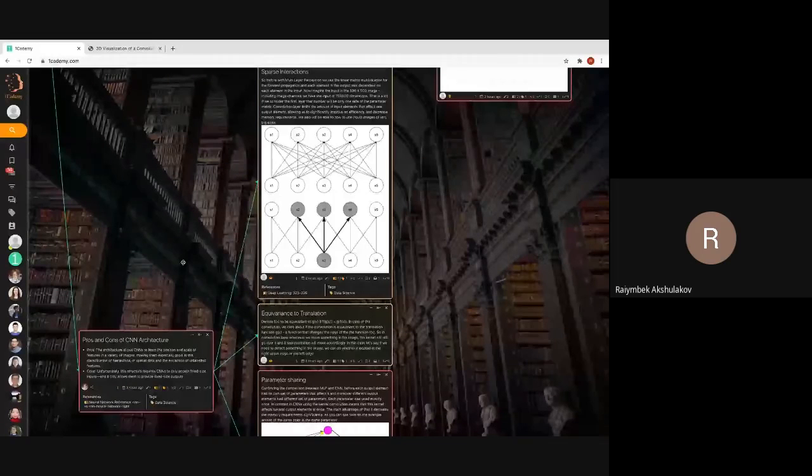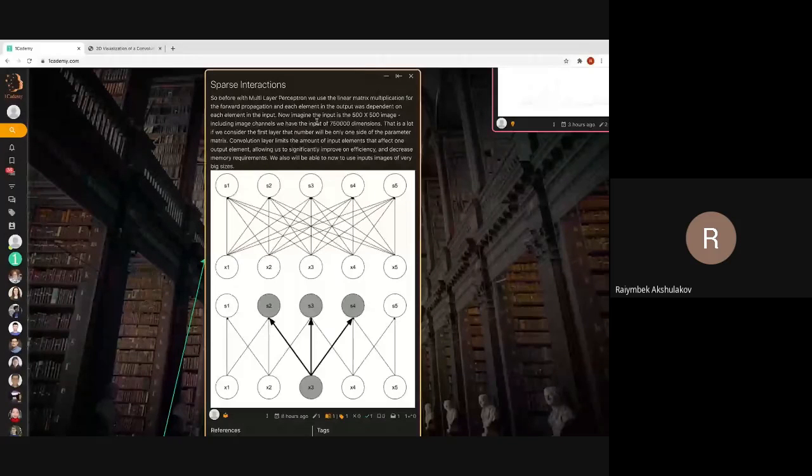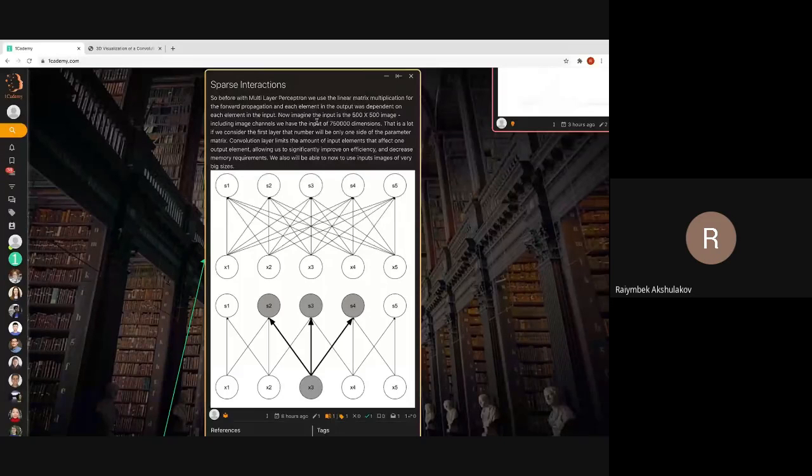And first is sparse interactions. To explain more: before, in a multi-layer perceptron, we used matrix multiplication for the propagation, and each element in the output was dependent on each element in the input. So everything was connected.